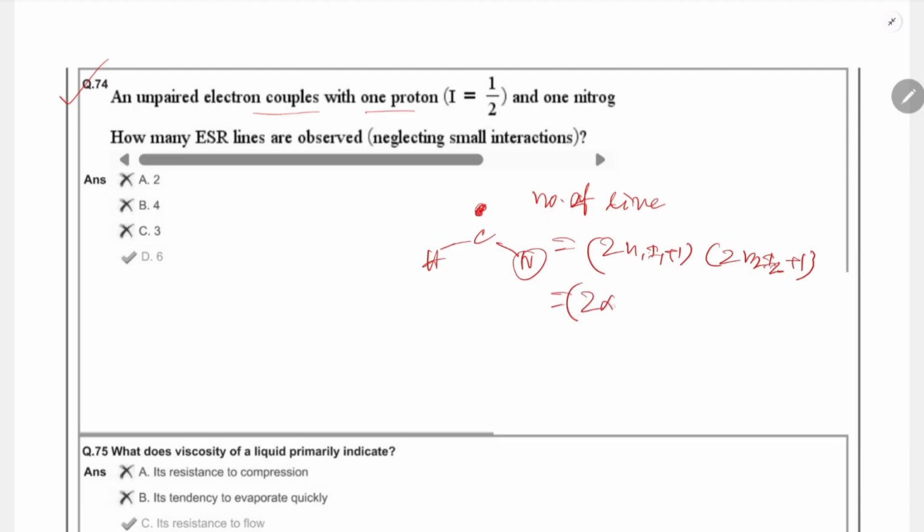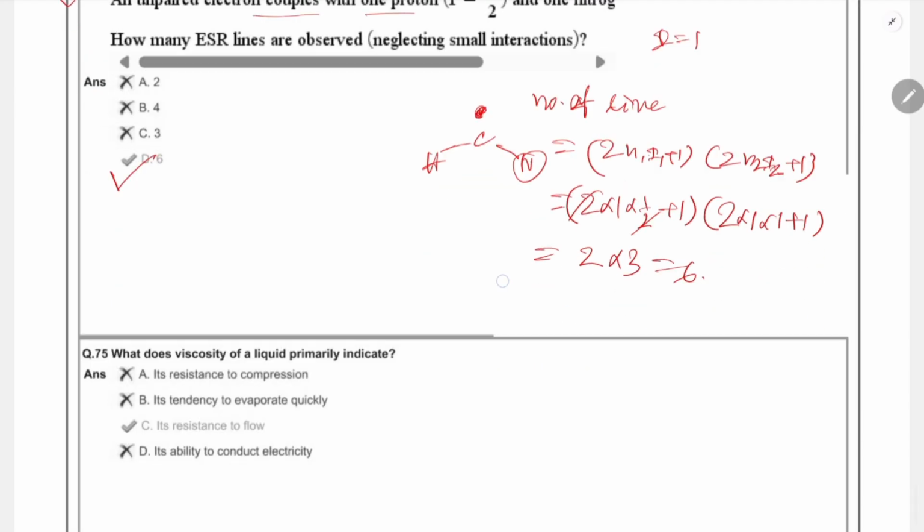So 2 into N1, the number of protons, is 1, into I half plus 1. For nitrogen, the I value is 1: 2 into 1 into 1 plus 1. So this is 2 into 3, that is 6. So option D is correct.